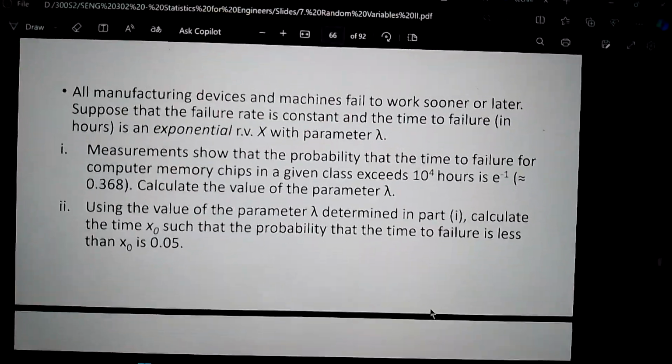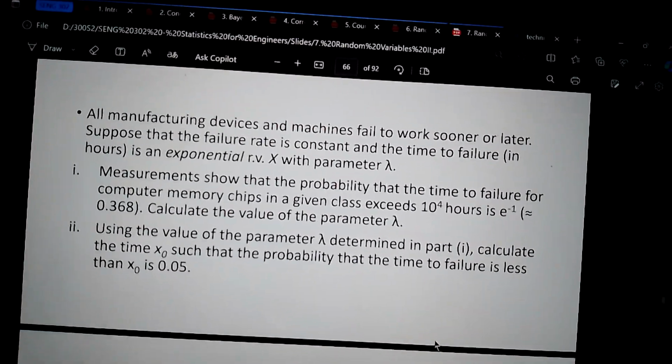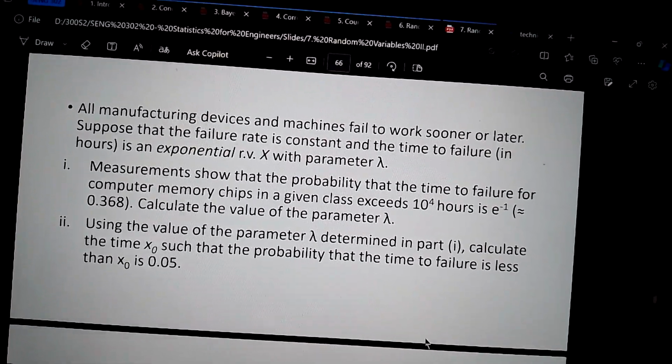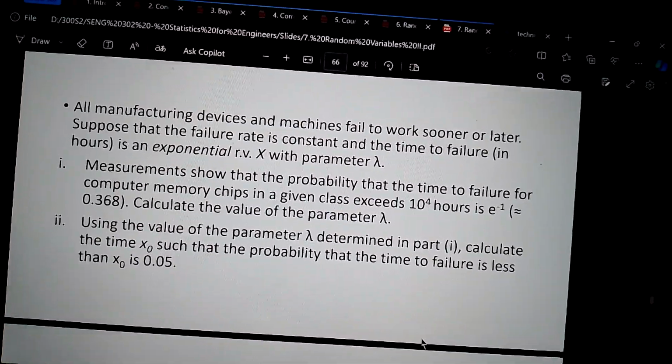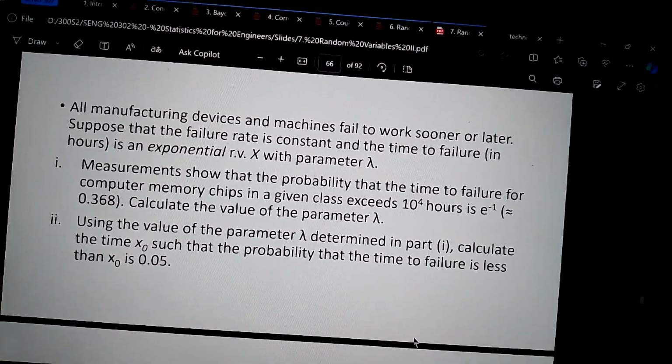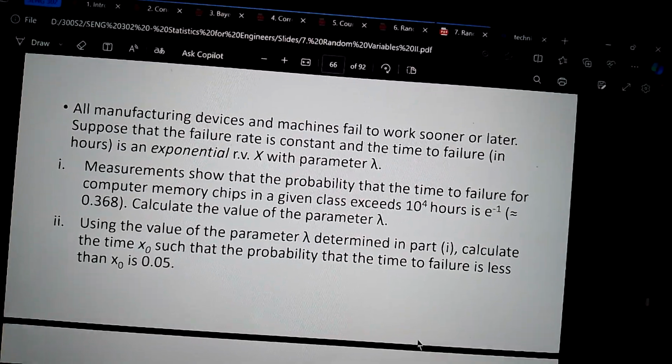Okay, so let me just show this one. It says that we have devices failing to work, and we have our parameter being lambda. What are we supposed to do?